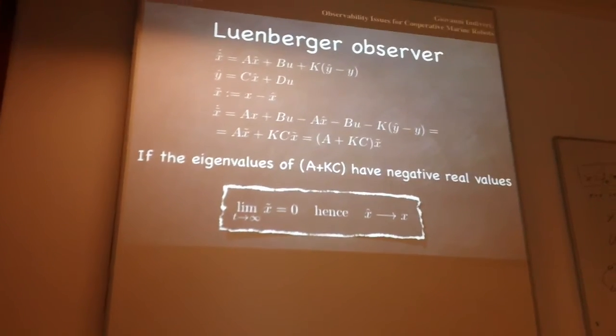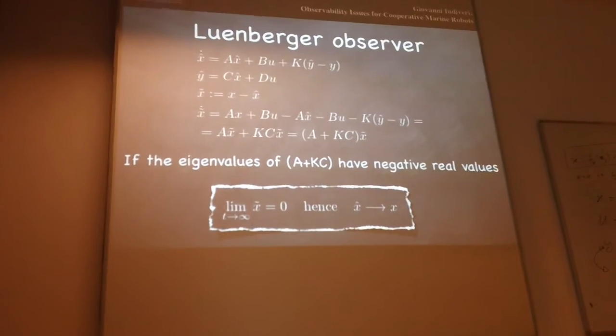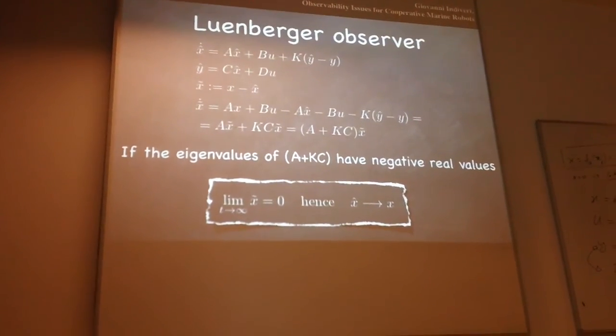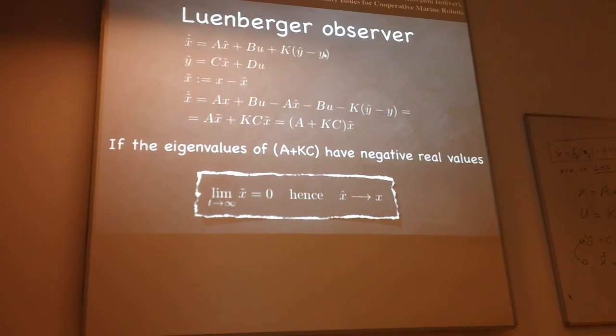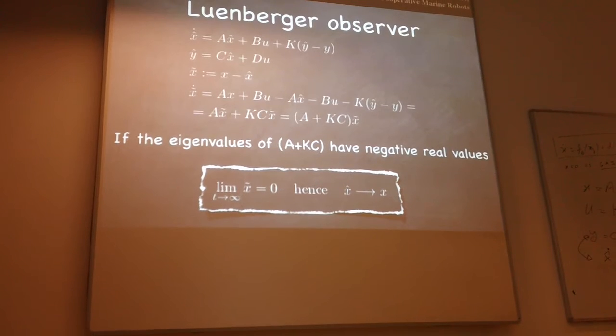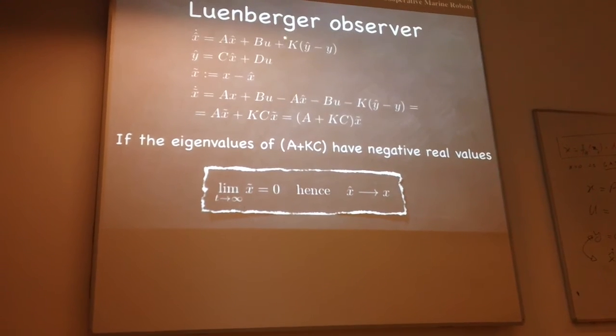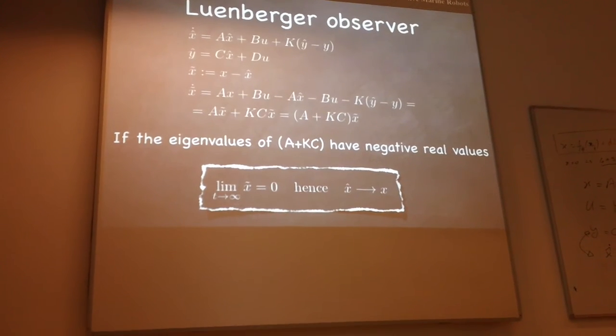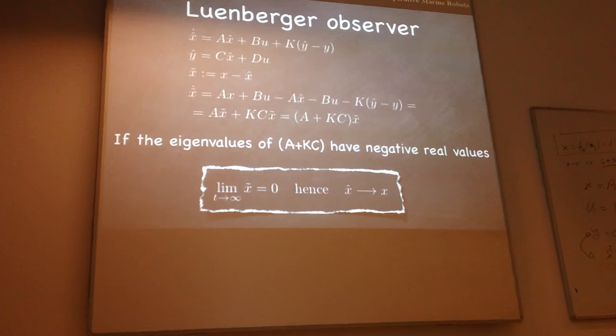Okay? And the covariance of this noise, the covariance on the state estimate, will depend on what? Well, it will depend, of course, on the covariance of the noise that you're injecting through the measurement, and it will depend also on the size and on the structure of this matrix K. The covariance of the state estimate will depend on that K matrix.